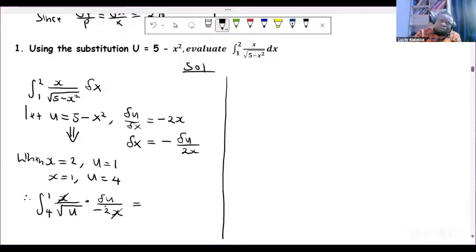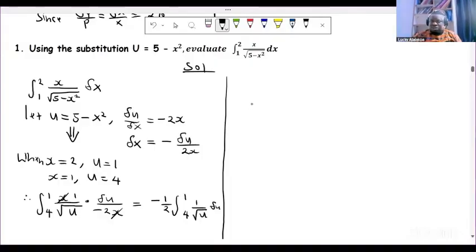Mind you, we don't integrate a constant, so I'll bring it out. So this becomes negative 1 over 2, the integral from 4 to 1, of 1 over square root of u, then du. So now the journey to integration begins. Is that clear?